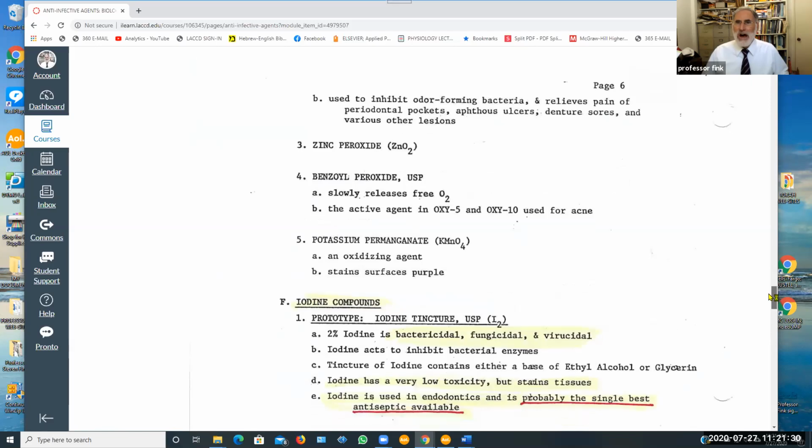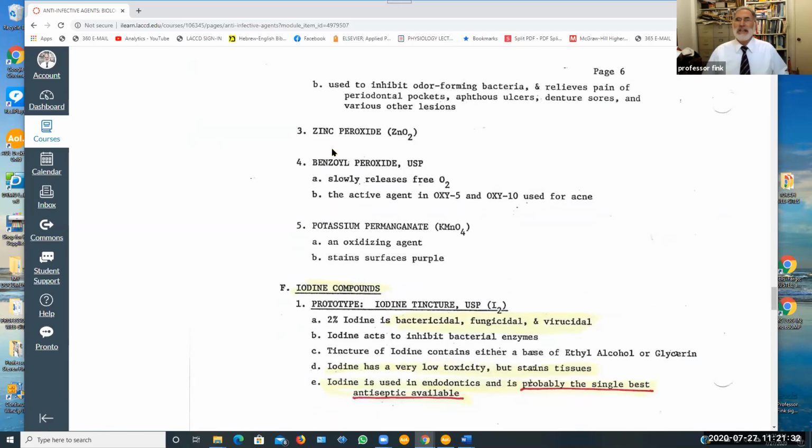Other oxidizing agents on page 6 include zinc peroxide. And zinc has been known to be effective as an antiviral agent. Some people, you may have heard, are taking zinc supplements right now to reduce their risk of the growth or proliferation of the COVID-19 virus.